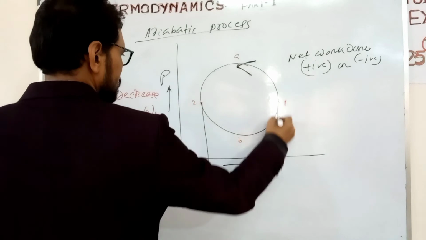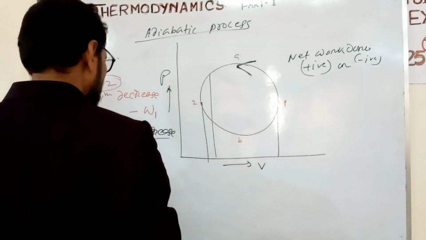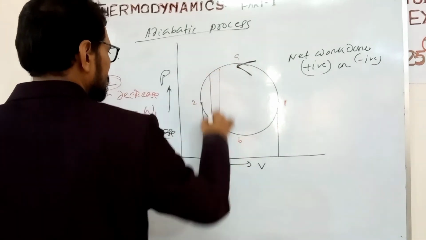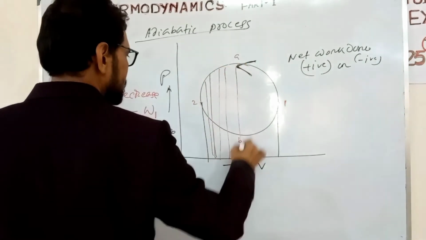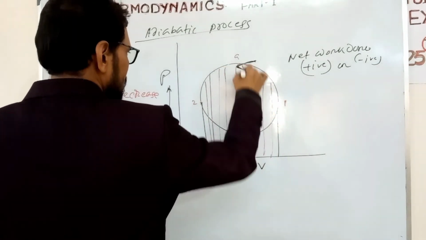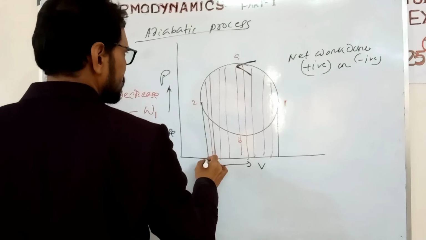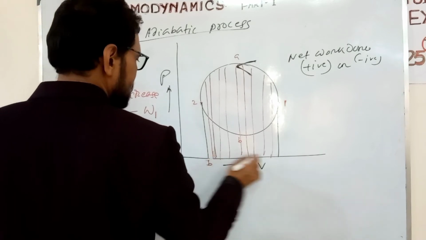Now we know the area of the PV diagram represents the work done. Suppose this is BC.